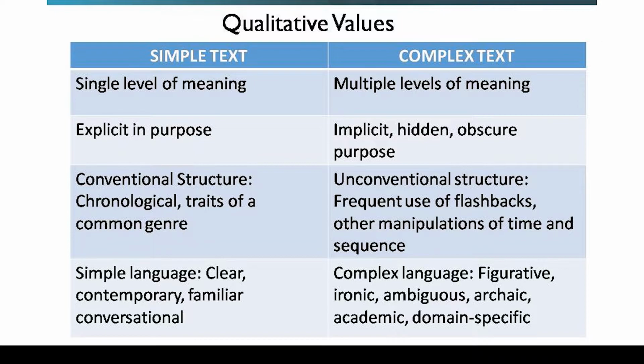So actually, there are many factors that will contribute to text difficulty. These 3 emanate from the text, but this 4th one emanates from the reader. And it's their relationship with the text.